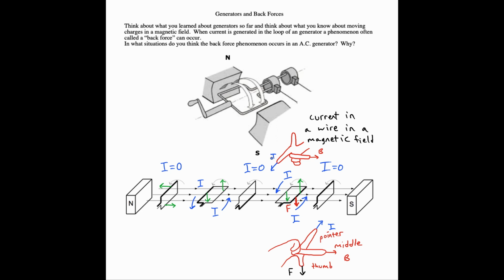So that's current, and this is the direction of the magnetic force on that wire. So this wire feels an upward force, a back force. In this situation, it would be exactly the same. The back force opposes the motion of the loop.